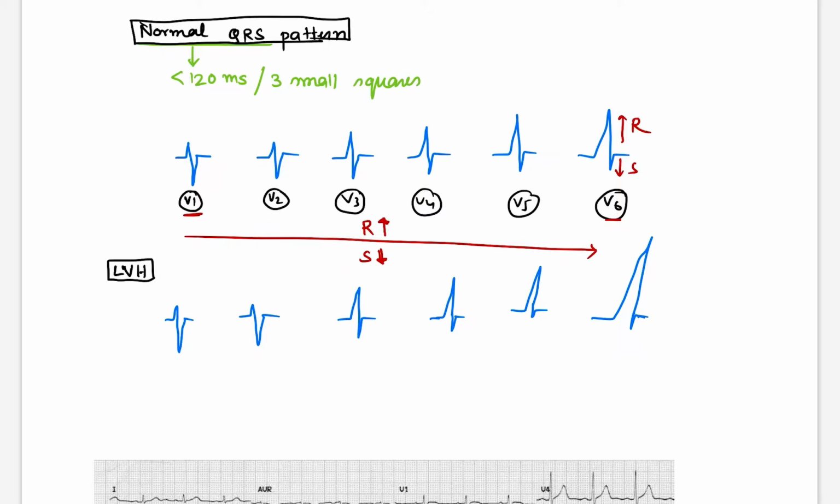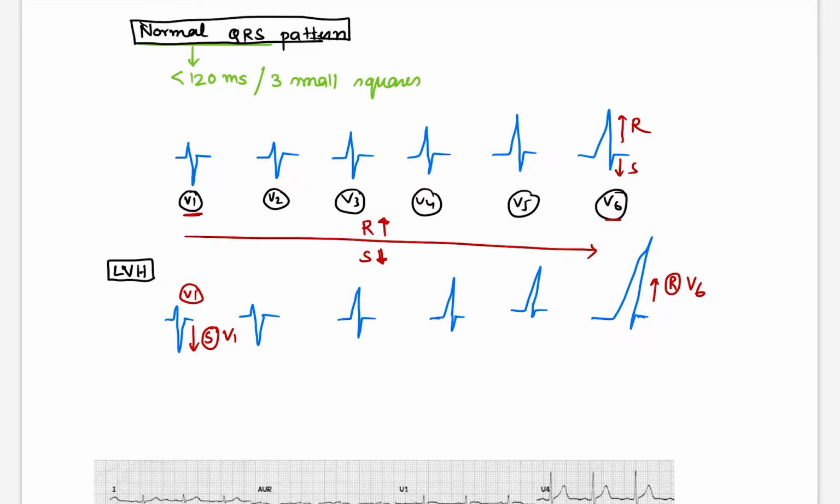As you can see very carefully, the amplitude of the S wave is increasing in lead V1, and the amplitude of the R wave is increasing in V6. In left ventricular hypertrophy, the S wave is much larger in leads like V1, V2, and the R wave is much larger in chest leads V5, V6.